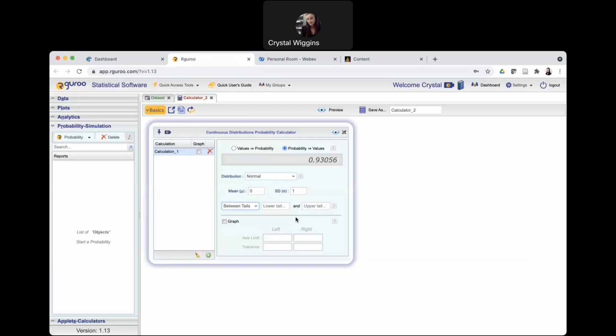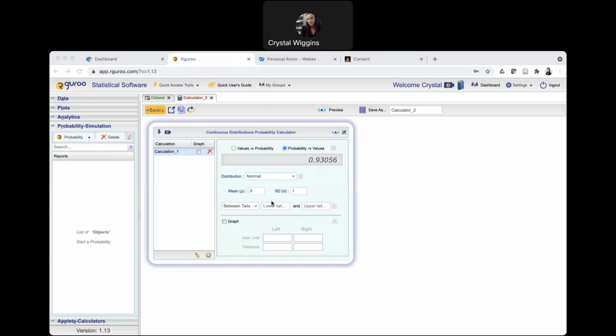Well, let me tell you why they do not give you the option to just type the area between. The reason is that there's no way for Rguroo to know that the area is centered in the middle. It may be skewed to the left or to the right, and we have plenty of problems where our between area will be skewed to the left or the right.